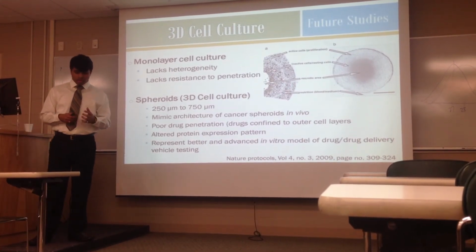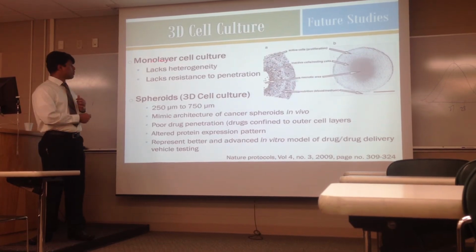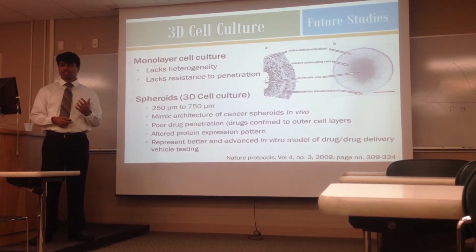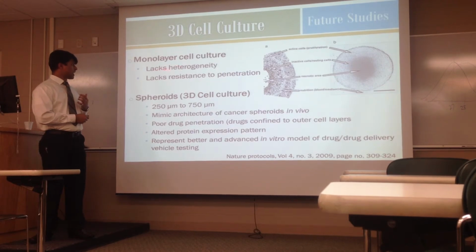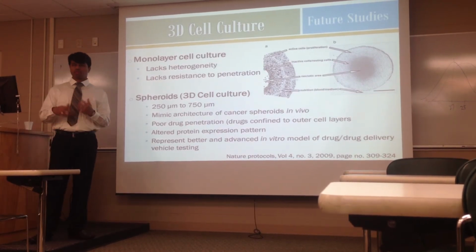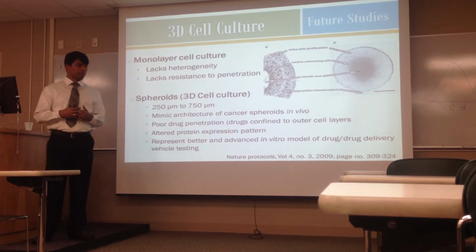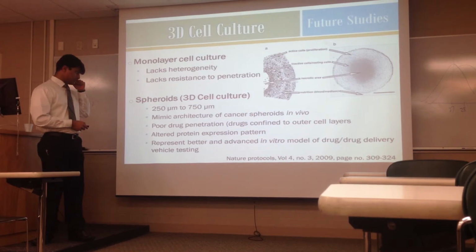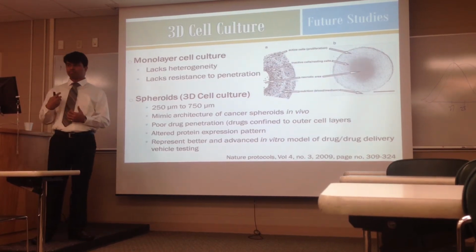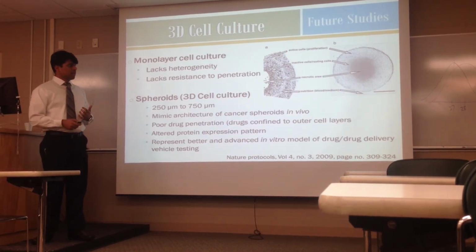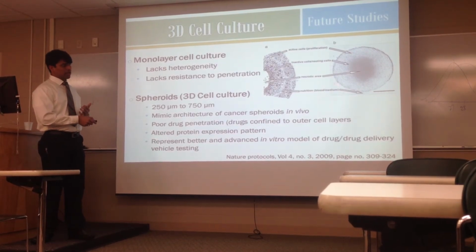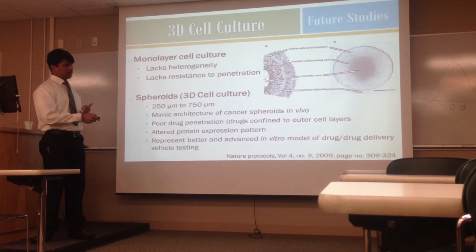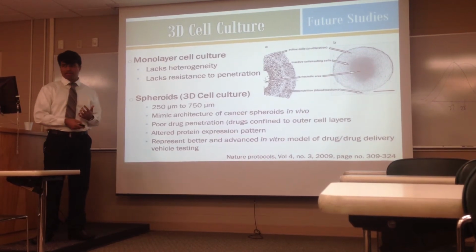As we know, the regular monolayer cell culture has certain disadvantages, like it lacks heterogeneity and also lacks the resistance to penetration, which is there in vivo tumors. But in case of spheroids, that is 3D cell culture, they mimic the architecture of cancer spheroids. Like they have healthy proliferating cells on the outer side and resting cells in the middle region, and they have a necrotic center.